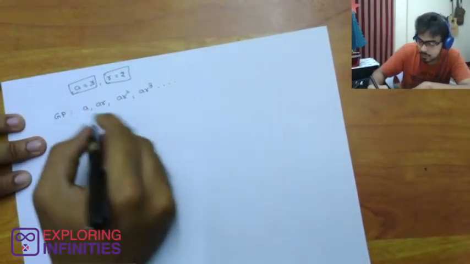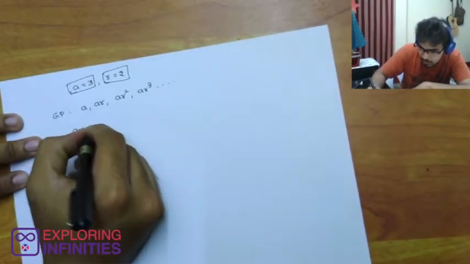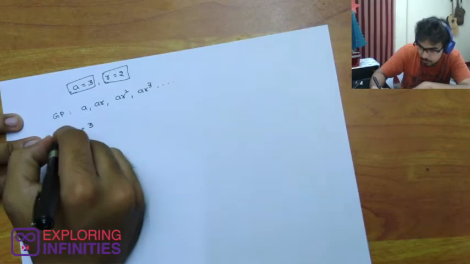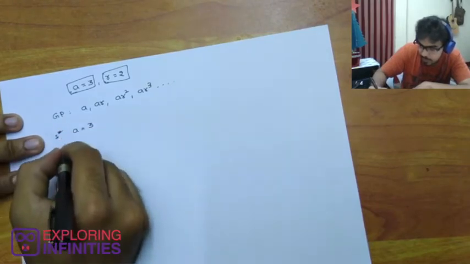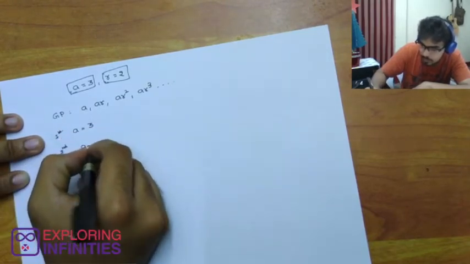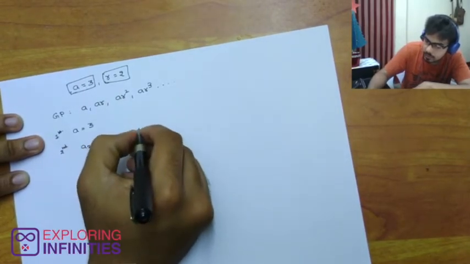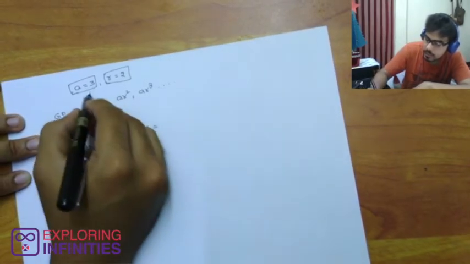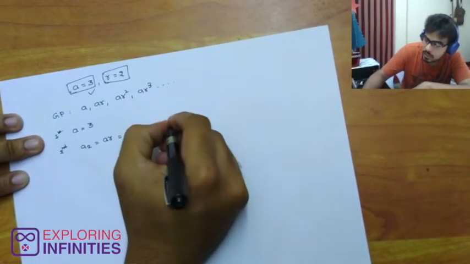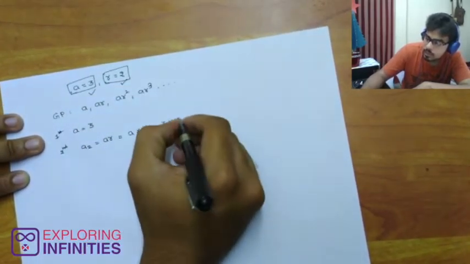Let's substitute. First term a is equal to 3. First term is over. Second term a2 is equal to ar is equal to a into r is equal to, what is a? 3 into what is r? 2. 3 twos are 6.